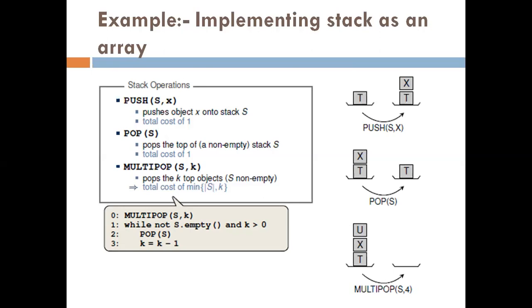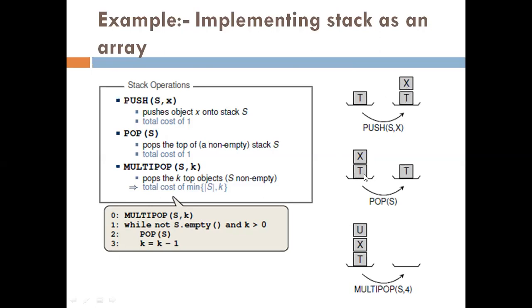Second one is pop. Pop means removing the topmost element from the stack. So to insert or push an element, we require cost 1, because in a stack, the top pointer points to the topmost position, and here we directly insert the element at that position. So to insert an element we require cost 1.